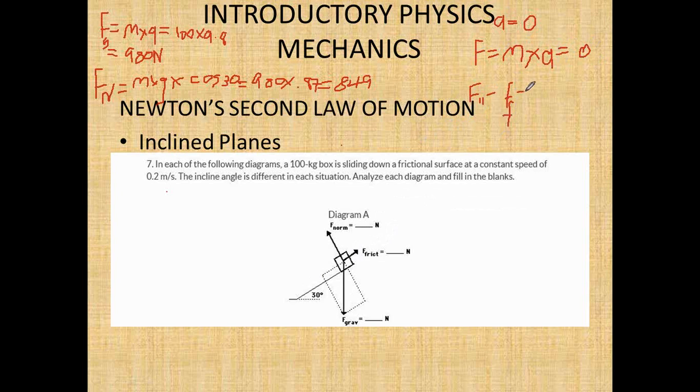But because it's moving at a constant velocity, the net force is zero. So when you solve this equation, you see that for that to occur, the parallel component of force, which is pulling it downward, will have to be equal to the frictional force.